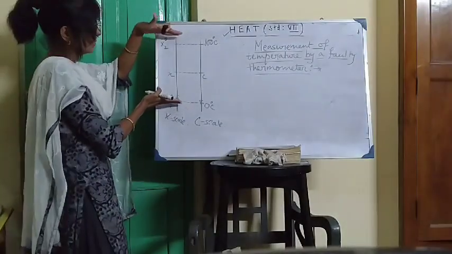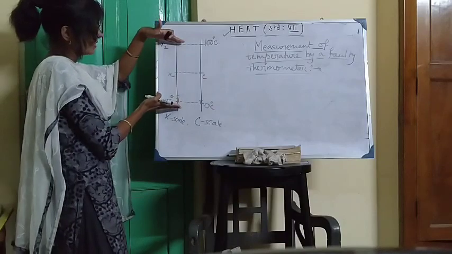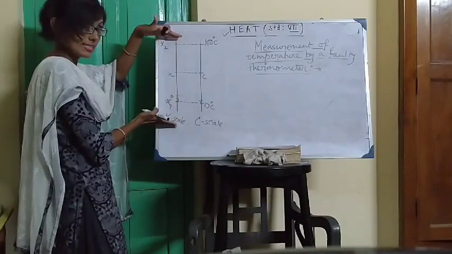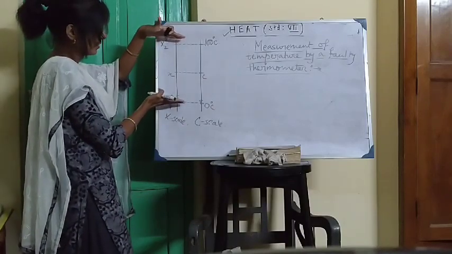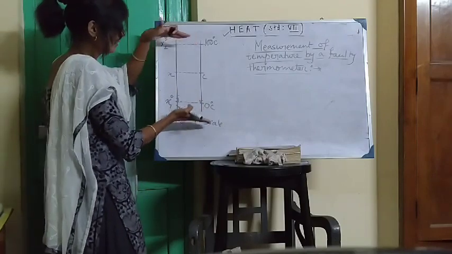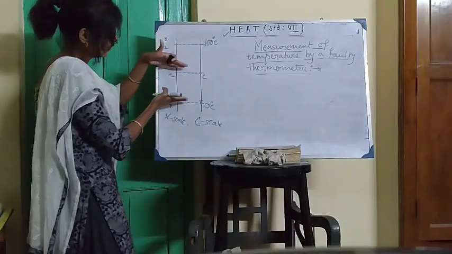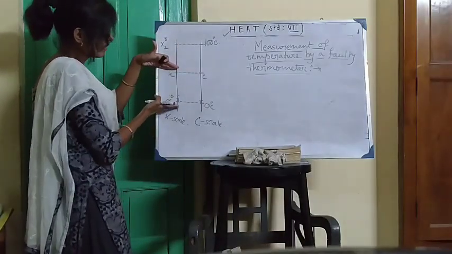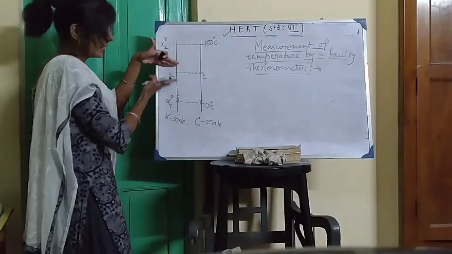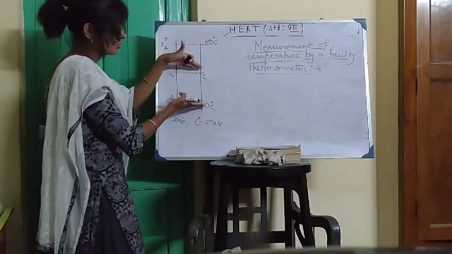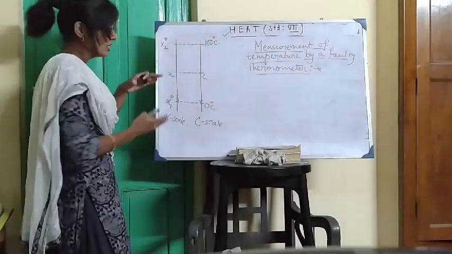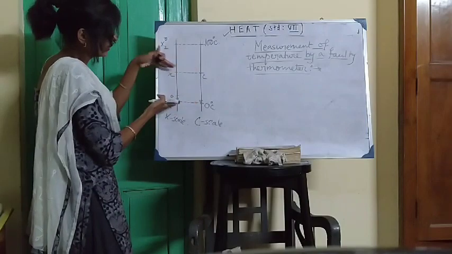Look at the diagram. The fundamental interval of X scale, means faulty thermometer, is equal to fundamental interval of C scale. Again these two differences are same. x minus x1 is equal to C minus 0. So we can write these two differences.